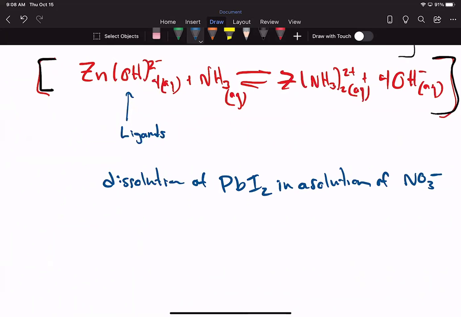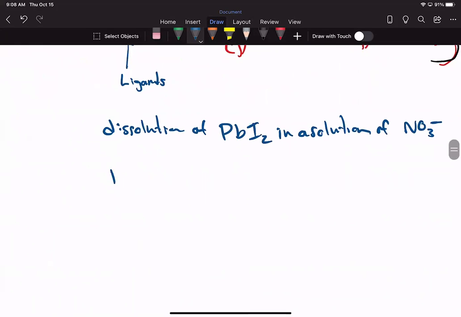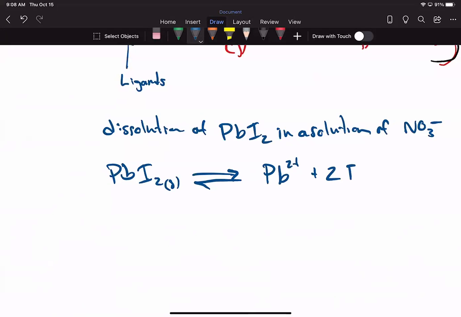So how are we going to dissolve this in a solution of nitrate? If I put PbI2, this is going to be a solid actually. I need that to dissolve, and the reaction for that becomes Pb2 plus 2 I minus. Here's my reaction for it dissolving.